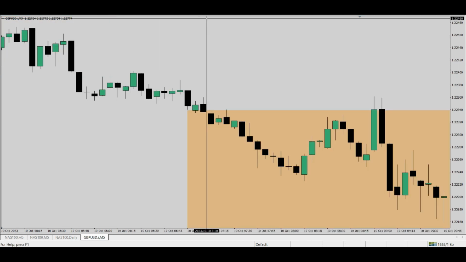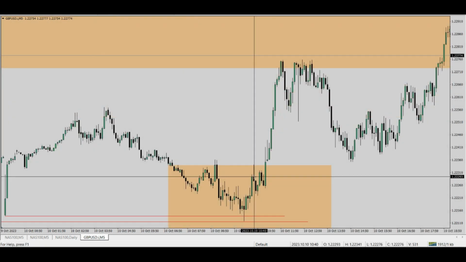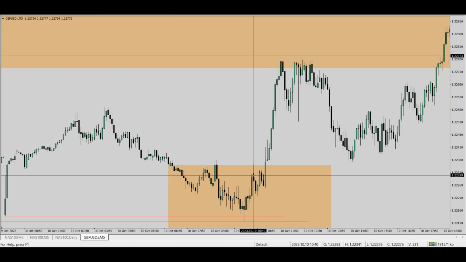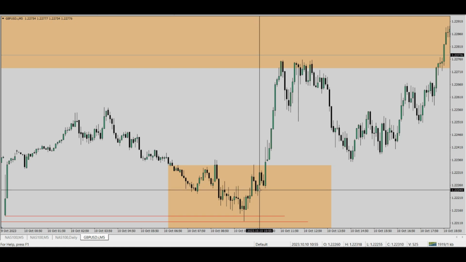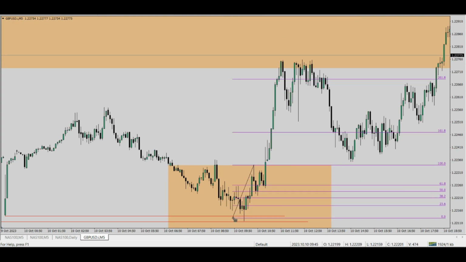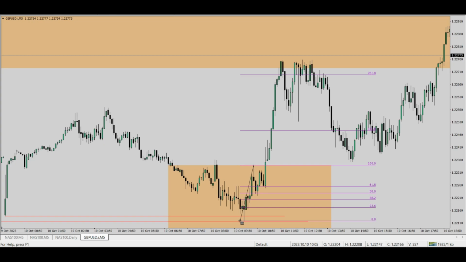So back to the 5 minutes, we can see after the displacement in price, the next thing we're waiting for is just a minimum retracement. So you can use a Fibonacci to be able to time your entry. You can draw this down here, and you want to focus on the 50% level or the 61.8% level.